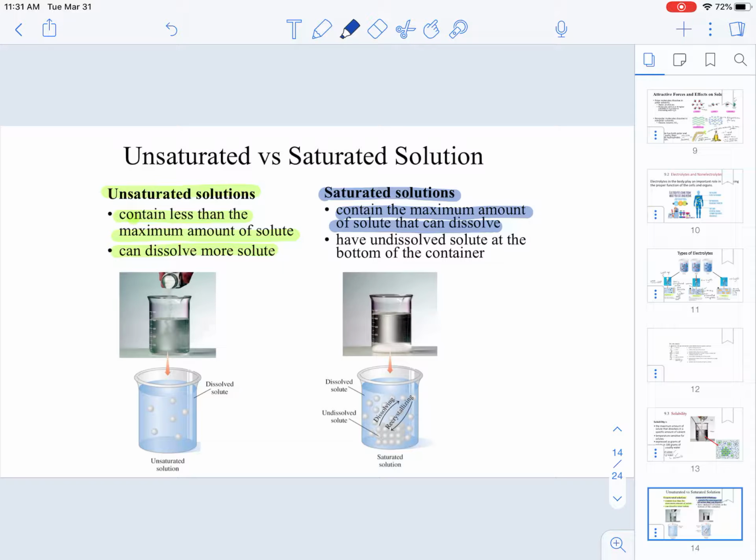So because it has the maximum amount of solute, at times, if you go a little bit extra, you can observe some of the solid, in this case, because that's the physical state of the solute, you can see some solute in the bottom, in this case, of a beaker.